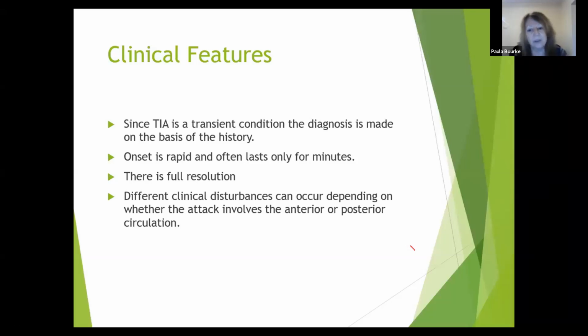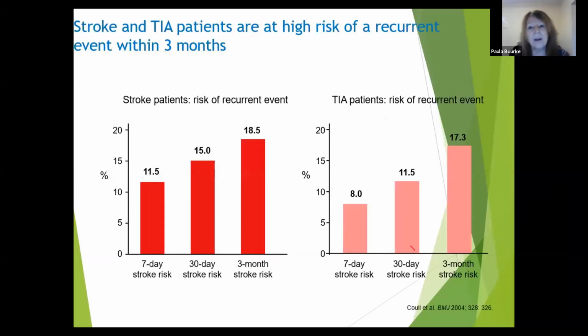It's something that should only be diagnosed when you really think this patient has had a TIA. And you can see why these people get so frightened, because you can go onto Google and look up these figures, and see that patients who have had a TIA have a risk of another event or a stroke as high as if they'd had a stroke.